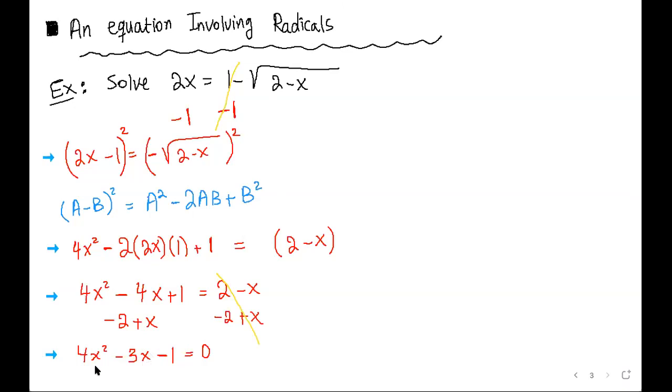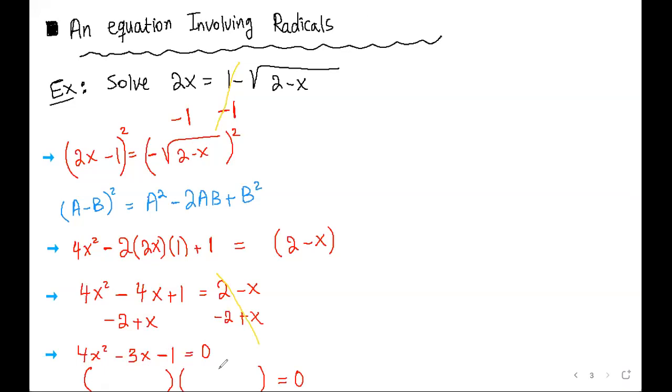What is the factor for this equation? I have to open two parentheses equals 0, and we have to factor this one by using the idea of trial and error from before.